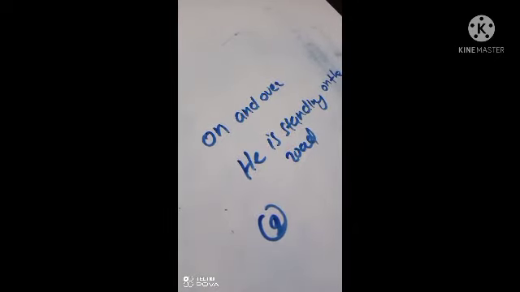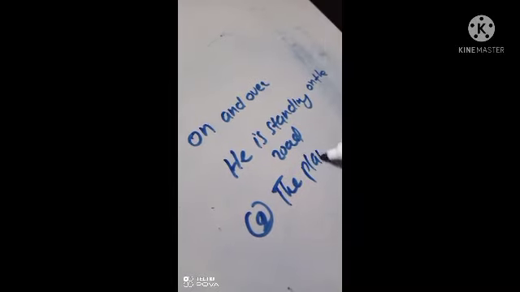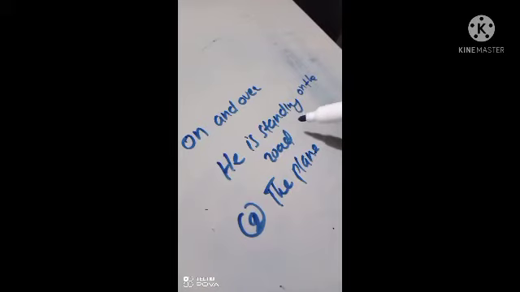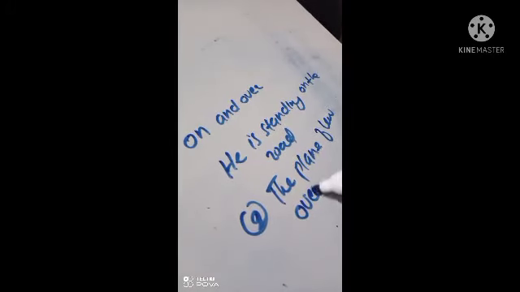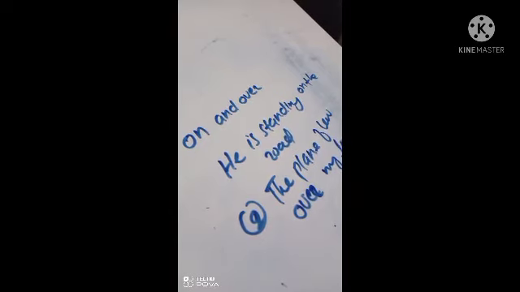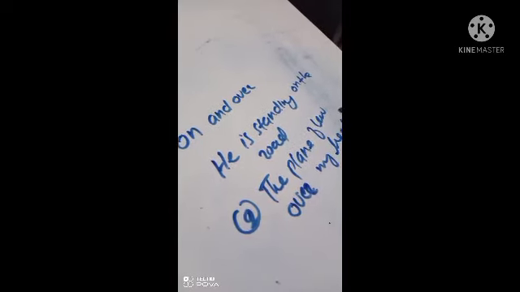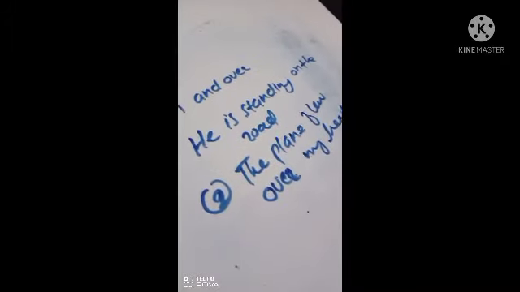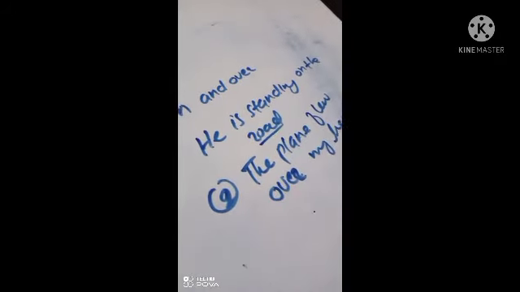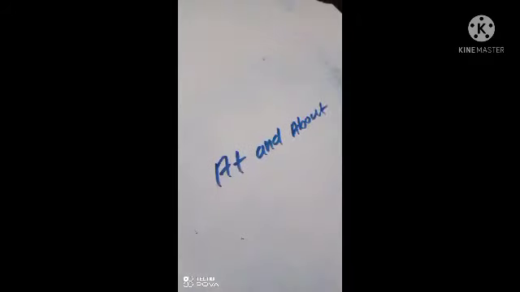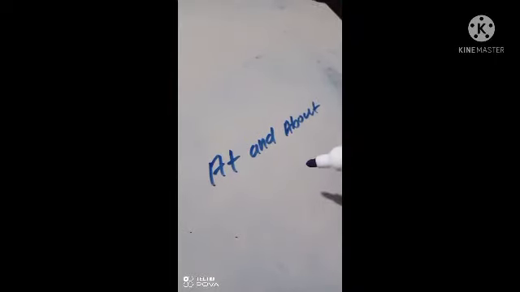For example, the plane flew over my head. So here the position is not recognized, where the plane is, but here the position is mentioned. It denotes that the person is standing on the road. Okay, "at" denotes a fixed moment.